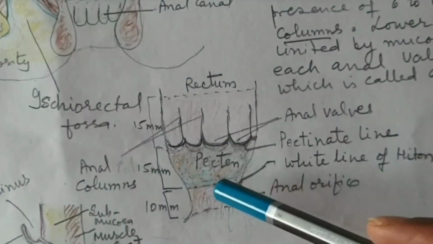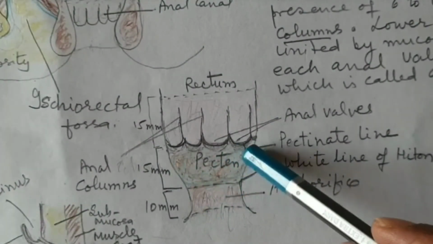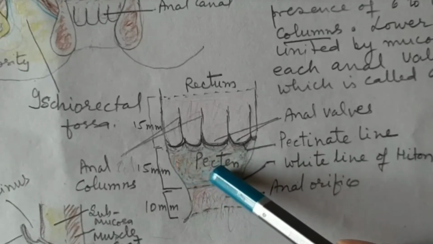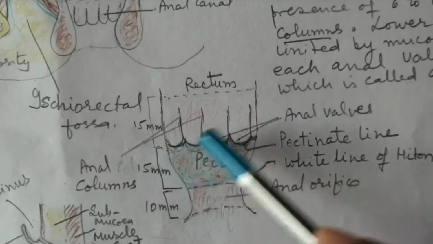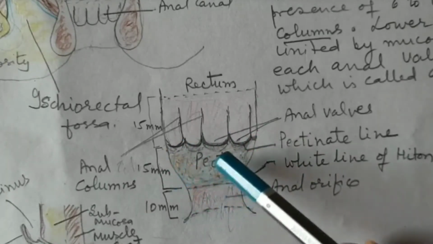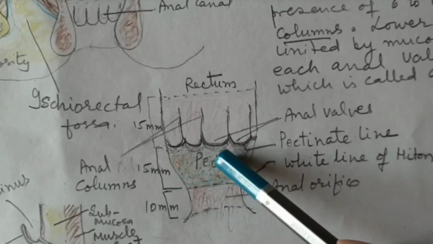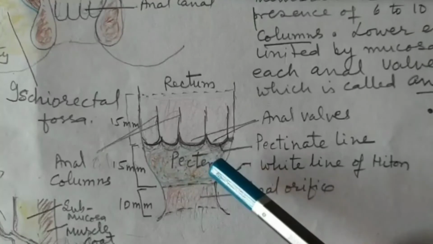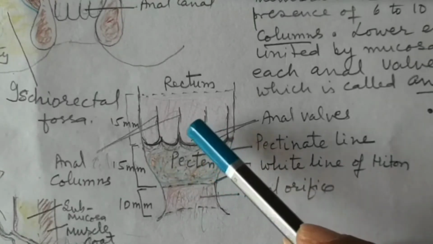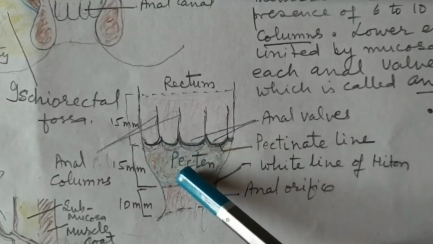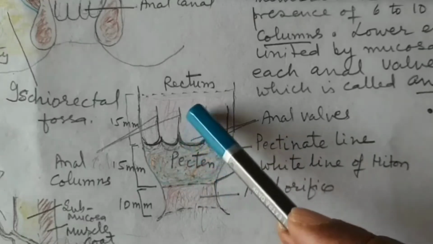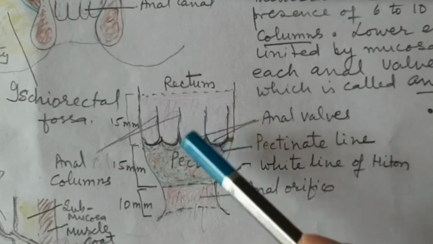Now the pecten is also called the transitional zone, or transitional area. Why is it called transitional? Because there is an abrupt change in the epithelium. In the upper part it was columnar epithelium.